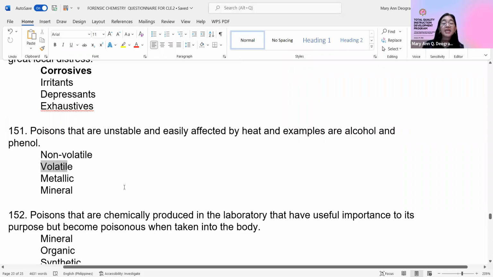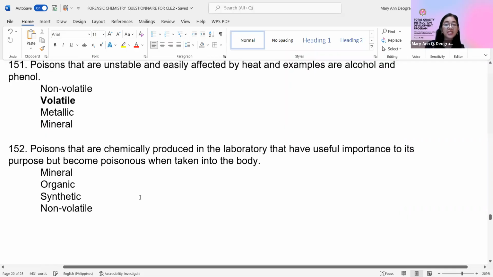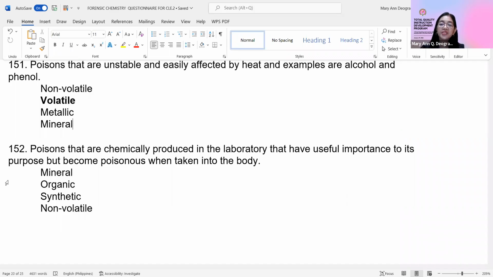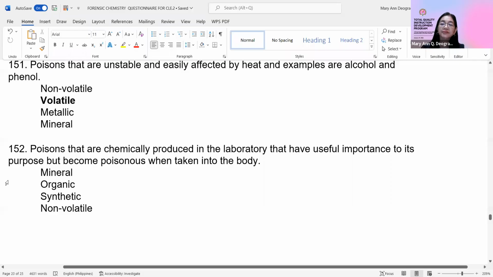Poisons that are chemically produced in the lab that have useful importance to their purpose, but become poisonous when taken into the body. Okay, mineral, organic, synthetic, non-volatile.